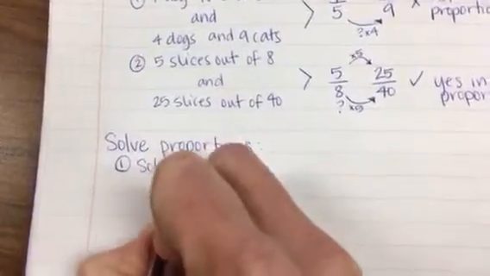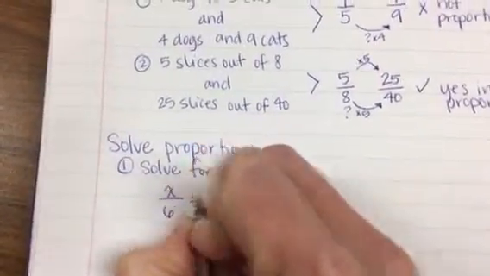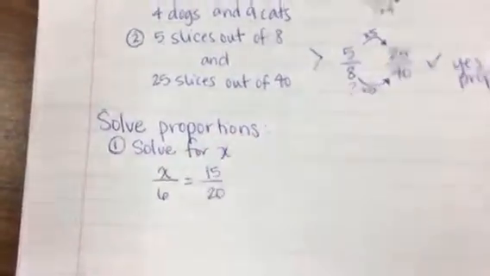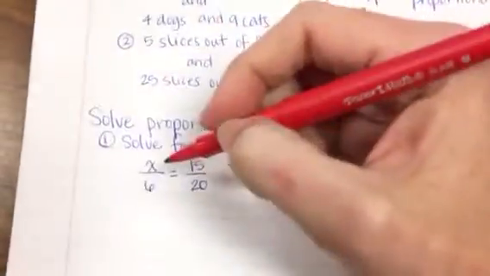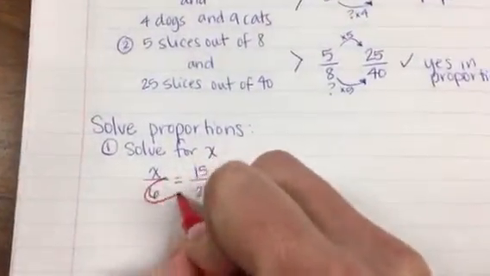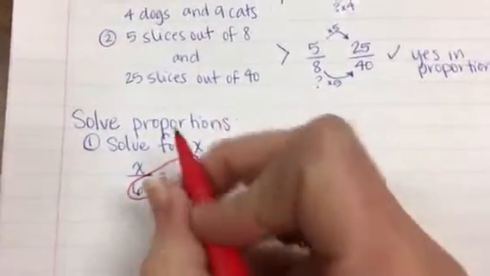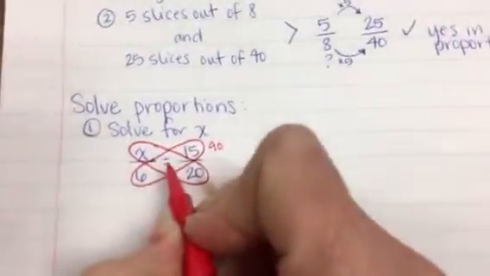So if I have x over 6 equals 15 over 20, we're going to use cross multiplying. So that means we're going to say that 6 times 15 gives me 90. So whatever this is should give me 90.